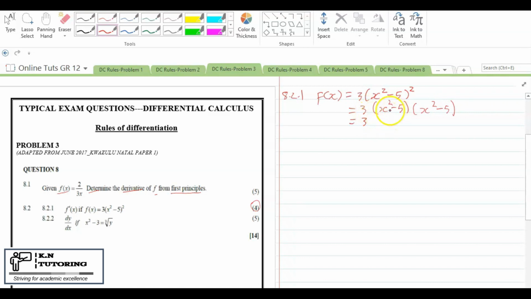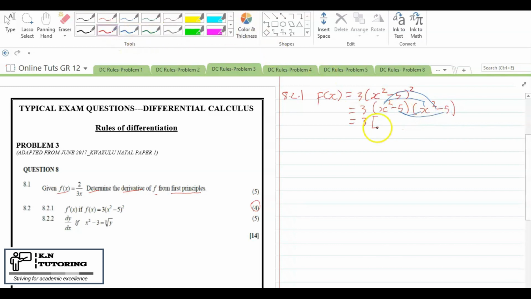After simplifying whatever is inside the bracket, I must put everything inside a square bracket to show that I'm dealing with the first ones, and then I'll come back and distribute the 3. So remember, FOIL: first, outer, inner, and then last.